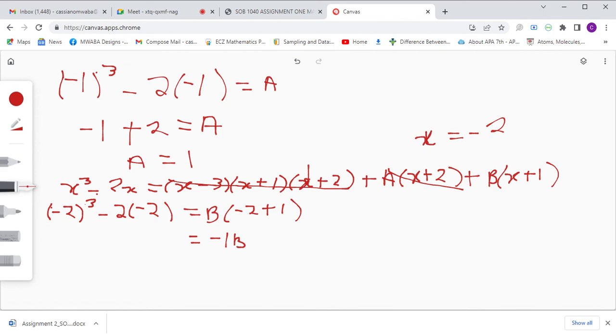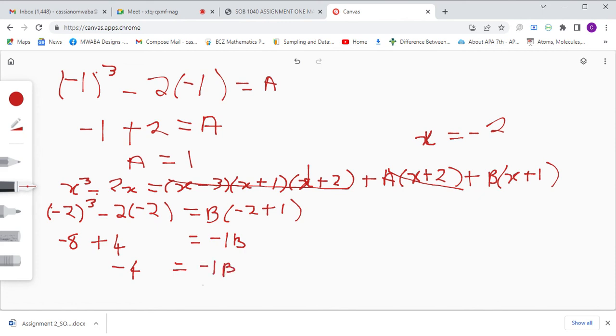-2 cubed gives us -8. -2 times -2, we get +4. -8 plus 4, we get -4.